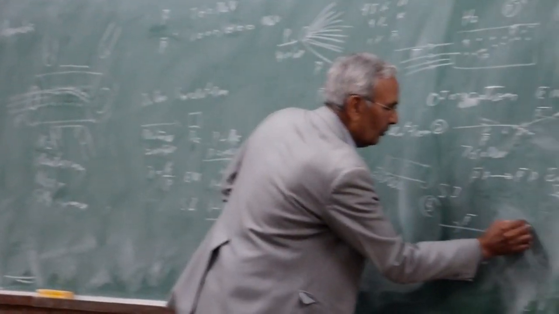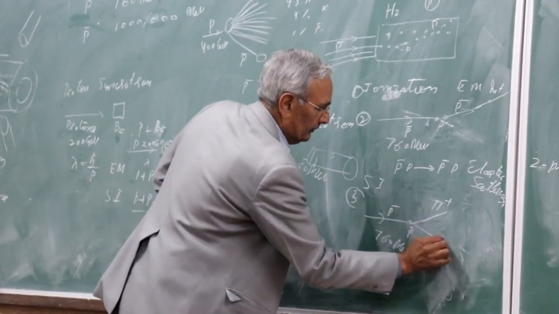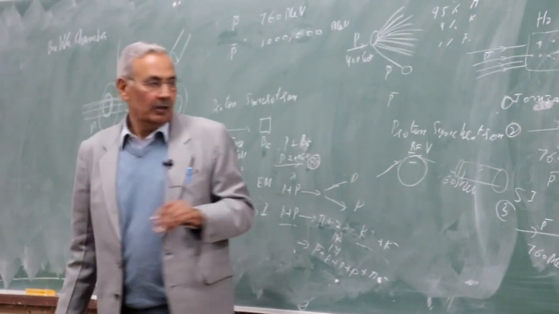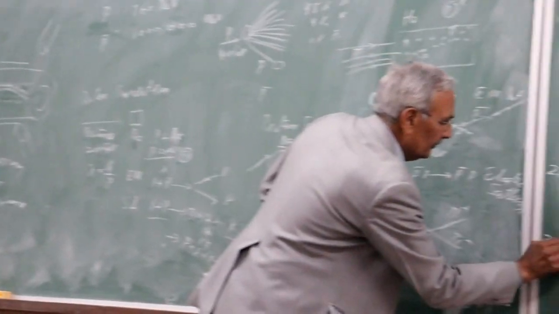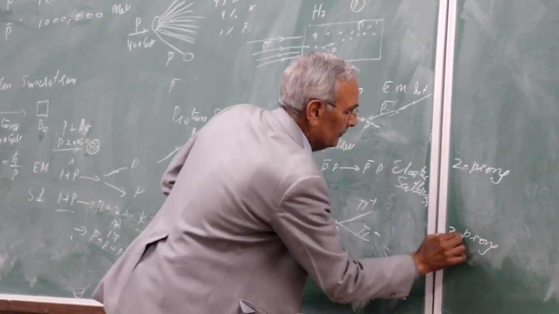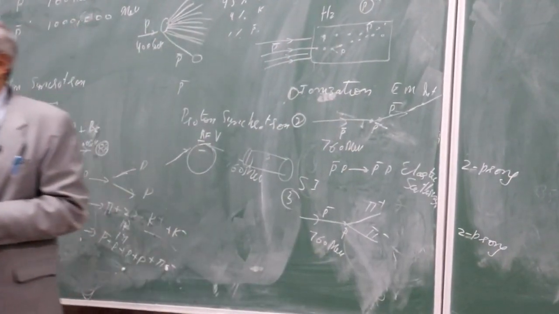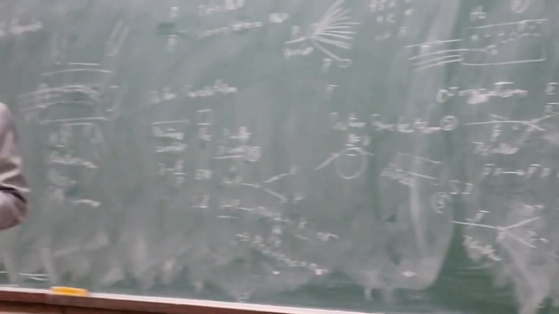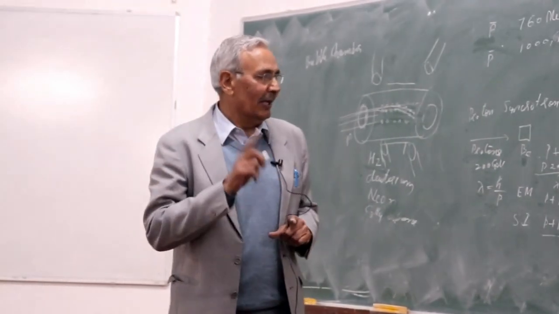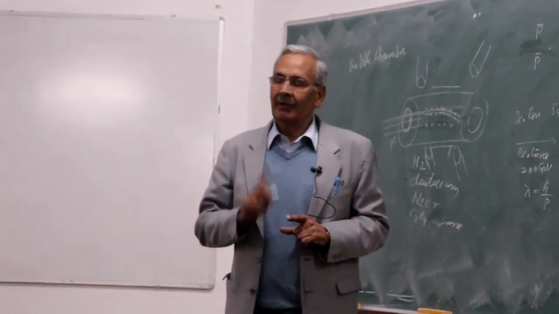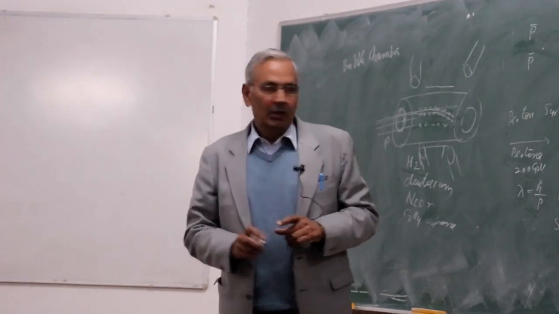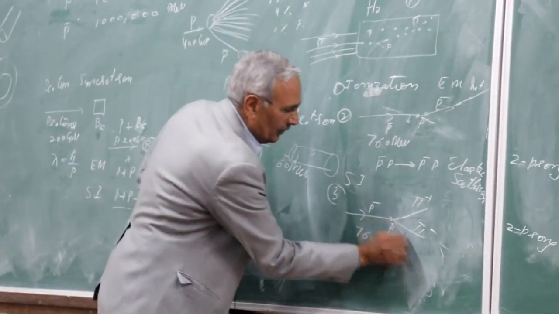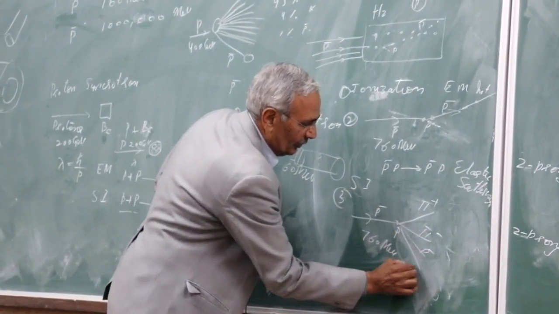So outgoing is your pion. Okay? And that is your two-prong. So in this strong interaction, antiproton comes, that is a 760 MeV, interacting with the target, giving rise to two pions.